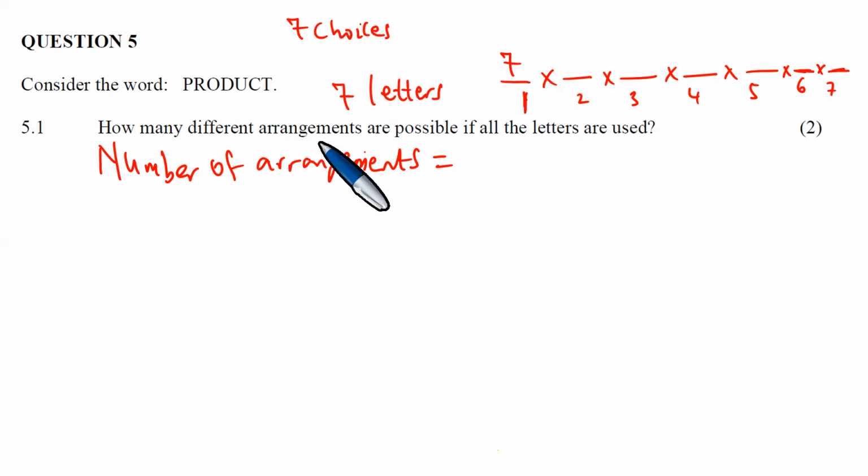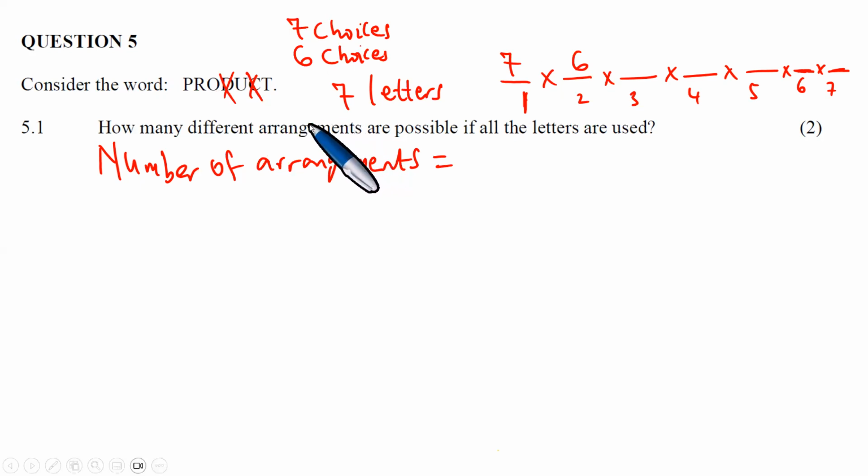After the first letter has been put here, maybe you chose D. Then you have a total of 6 letters remaining. Now you must choose one out of the 6 and put it here. Because there are 6 of them, you have 6 choices. After that has been chosen, you have a total of 5 letters remaining.